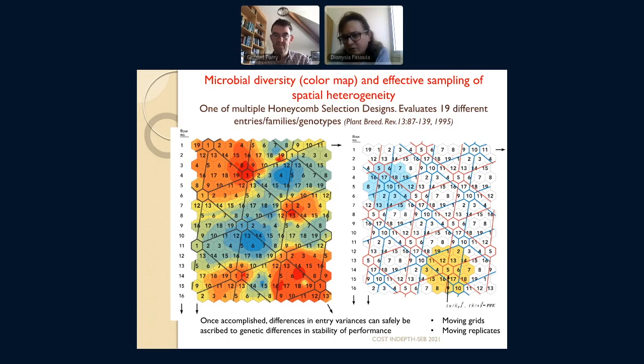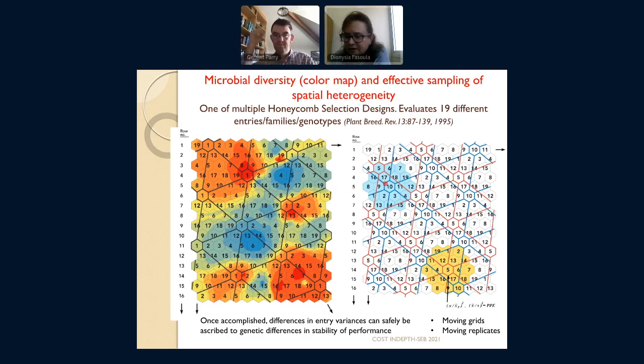So the number of replications when you work with individual plants is big. It's always above 30 easily, and you can use even 100 replicates or even more per family or per line. And all these are allocated in a way that samples spatial heterogeneity very precisely.